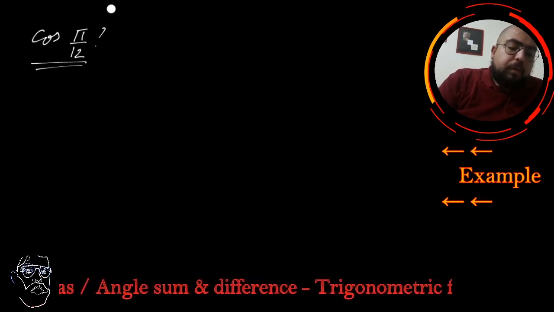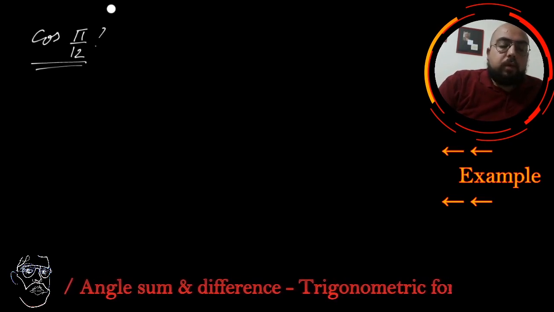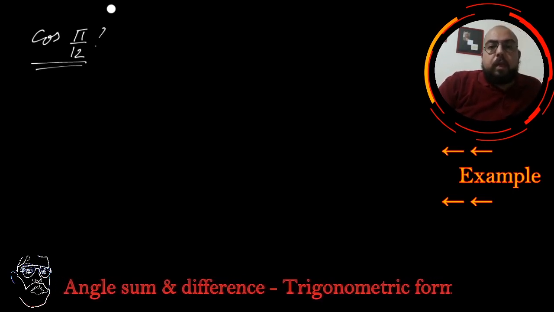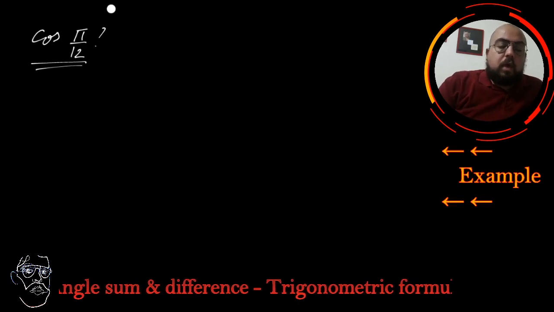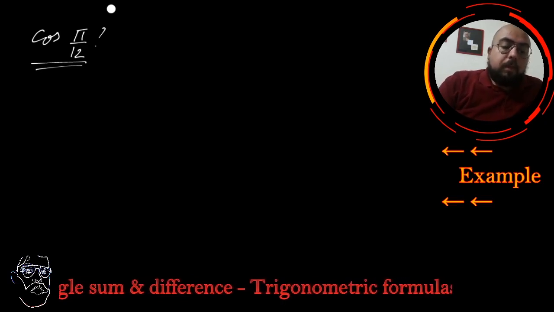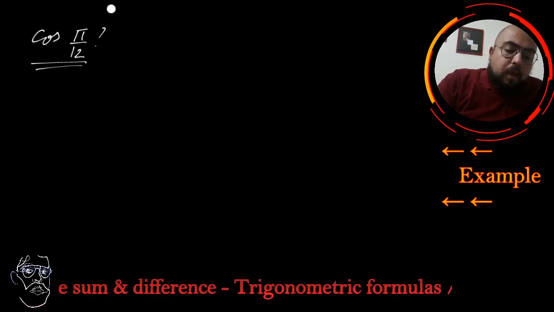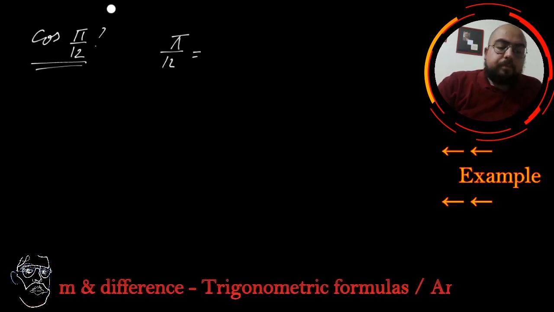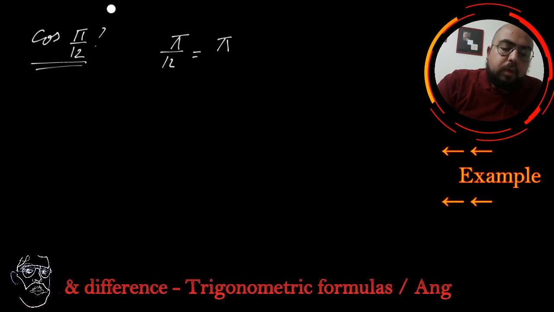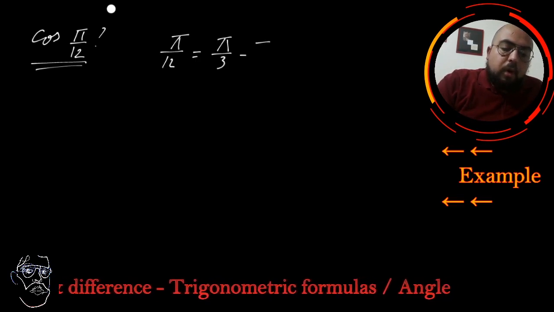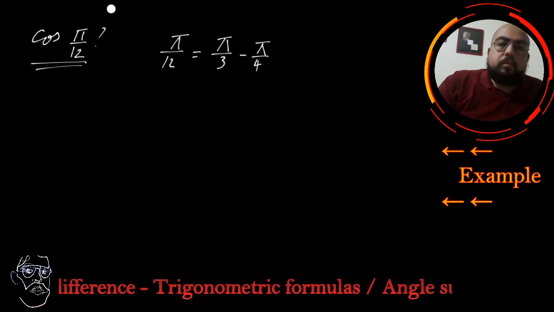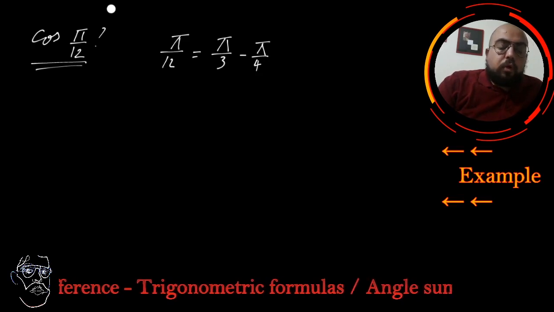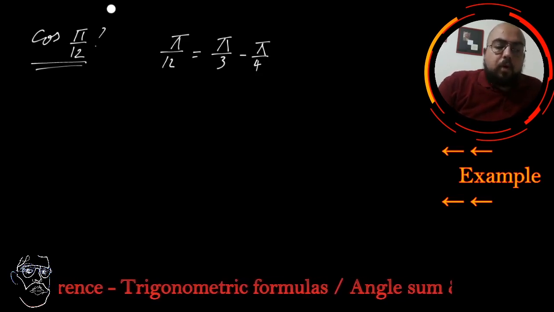Pi over 12 is not a particular angle. It's not an angle for which I will be able to find the cosine easily unless I'm using a calculator. So in this case you simply have to say that pi over 12 is actually pi over 3 minus pi over 4.